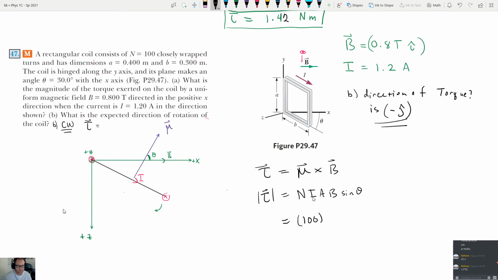Again, no units on this. What's the current? 1.2 amps. What's the area? Well, it's a rectangle, so 0.4 times 0.3. And times B, which is 0.8 Tesla, I believe.